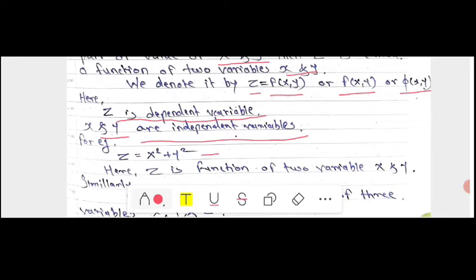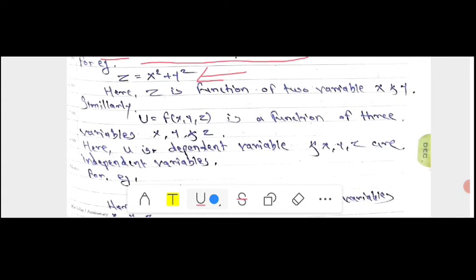For example, z = x² + y². If we substitute different pairs of values of x and y, we get one definite value for z. So here z is a function of two variables x and y.